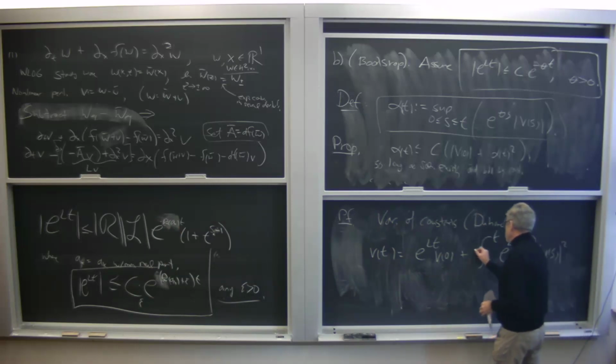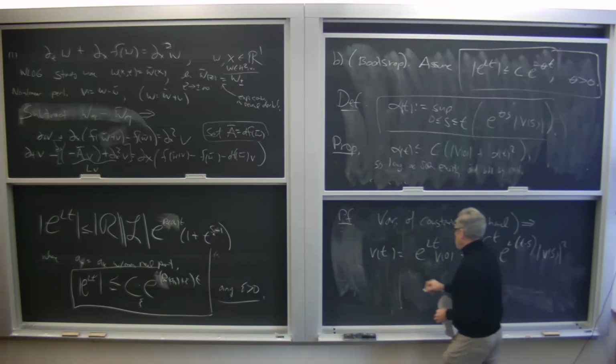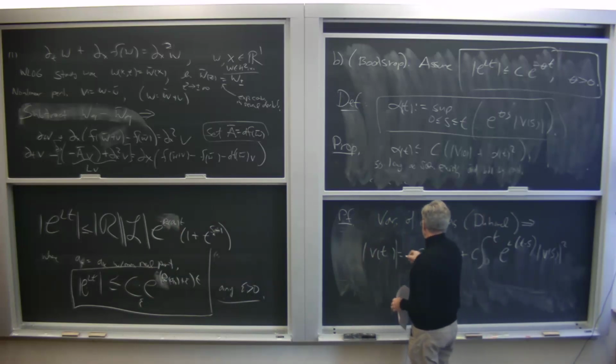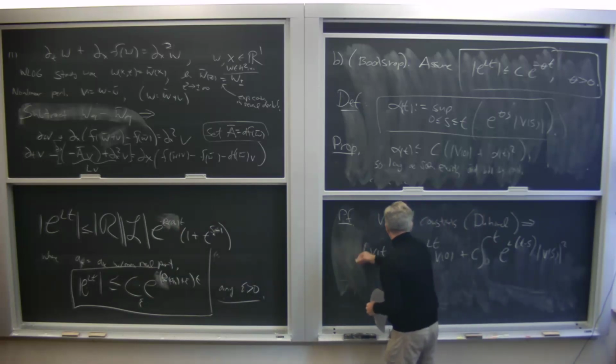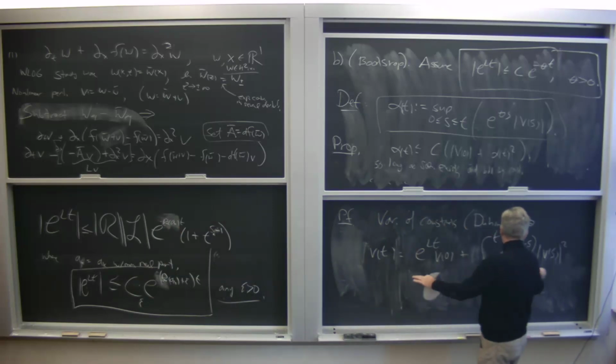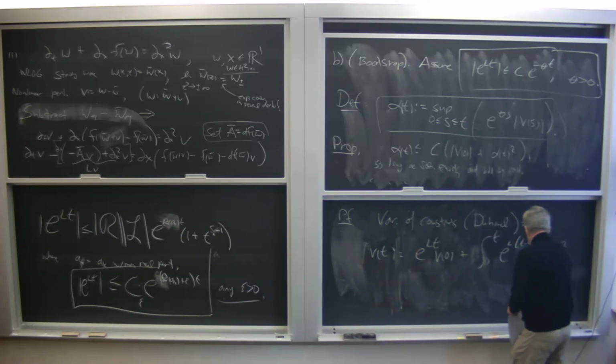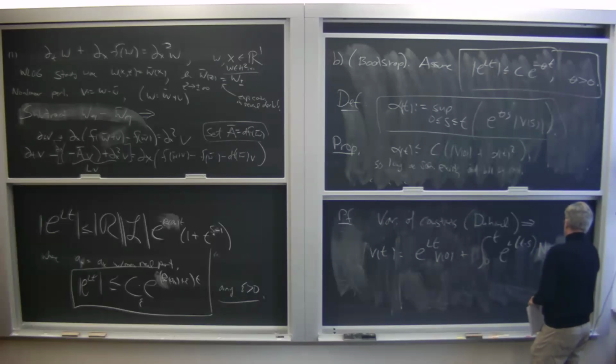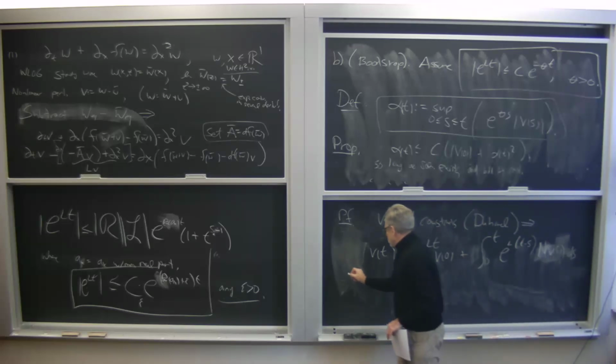So far, this is all correct. So here is N, this is N of V. That's just the formula, standard.